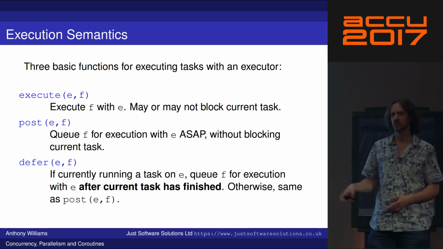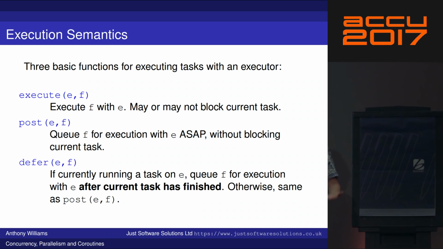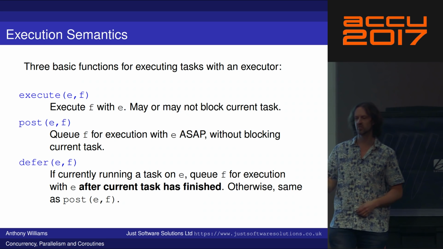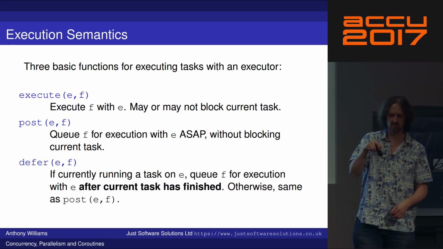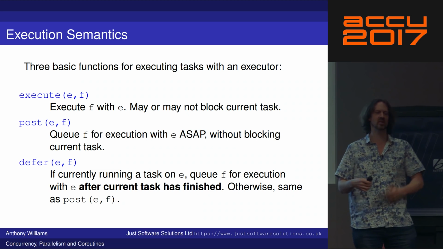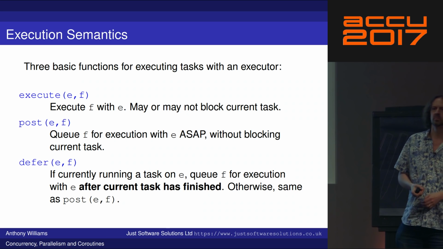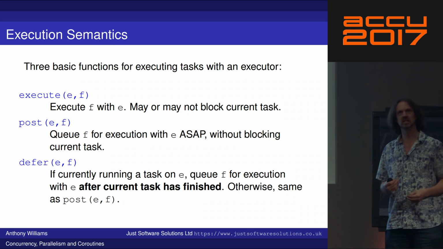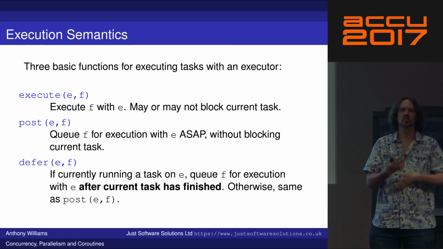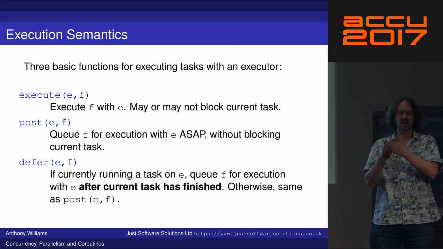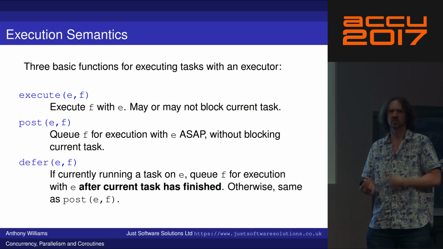Alternatively, you might post the function, queue it for execution as soon as possible, but not here, so that I can return and carry on. And I might then post 5 things, and then at some point I expect them all to run. But on a single-threaded executor, for example, if you post 5 things from a current task that's running on the executor, then it will wait for the current one to finish, then it will run the second one, then it will wait for that to finish, then it will run the third, and so forth.